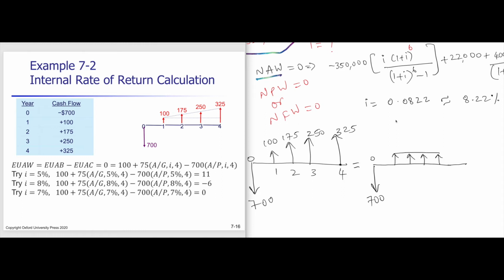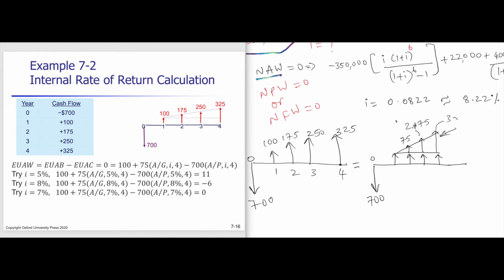So the gradient would start at, if 100 is subtracted, we have 75, we have 2 times 75, we have 3 times 75, right? So the gradient here, this is 75. This is 2 times 75.